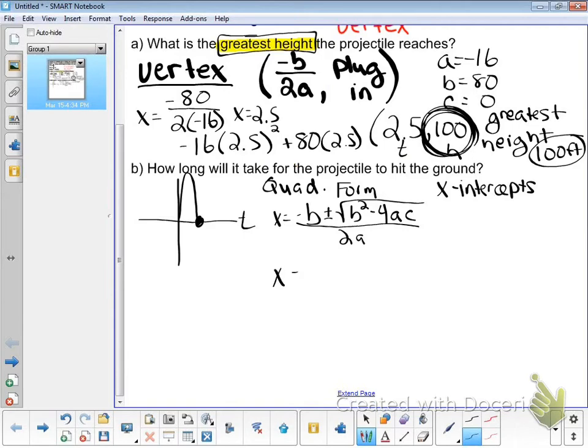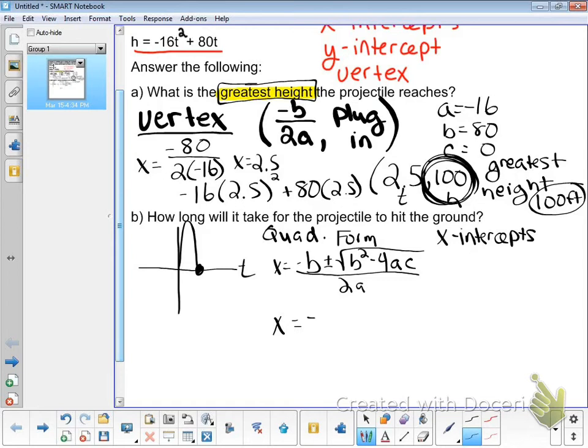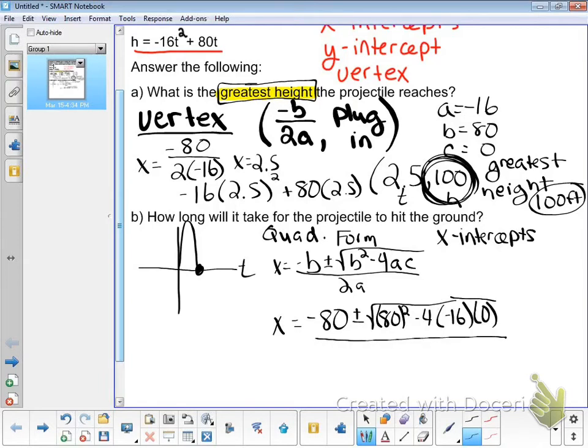So x equals the opposite of b, so that's 80, plus or minus the square root of 80 squared minus 4 times negative 16 times 0, all over 2 times negative 16.